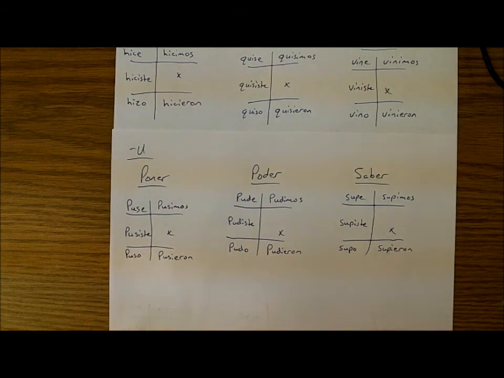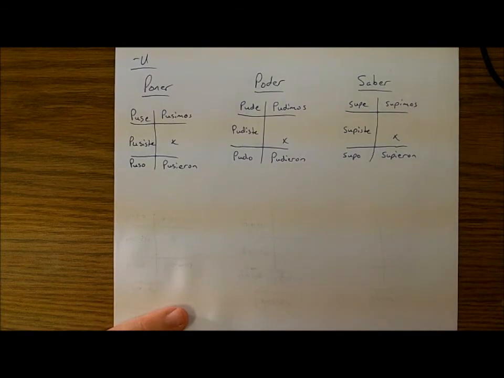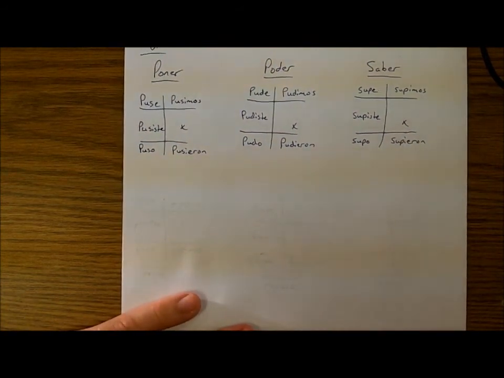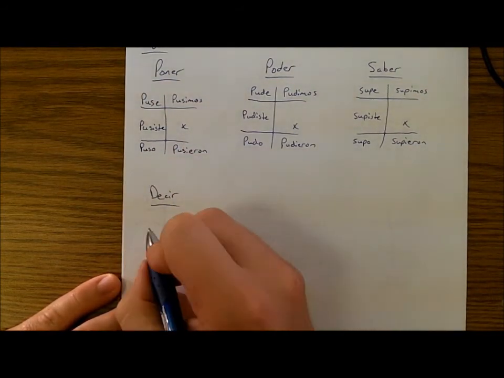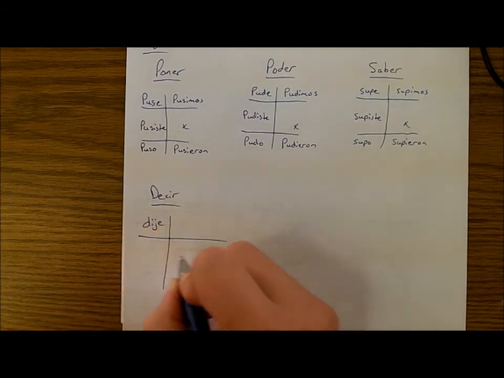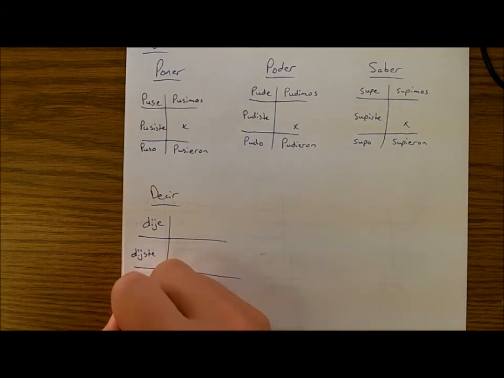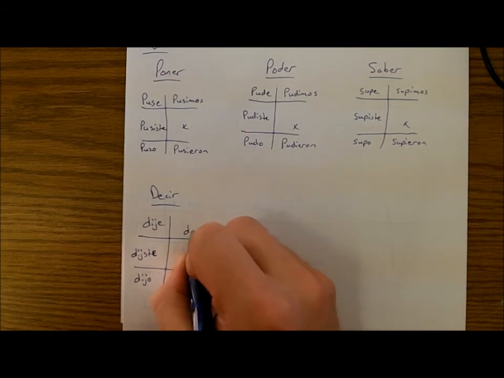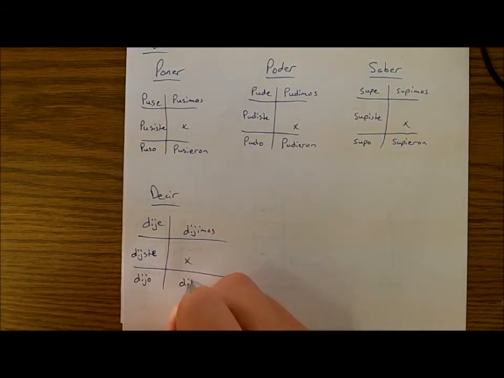Then the last category that we have are verbs that are just totally irregular in the preterite tense. And these verbs are the following. We have decir, which is dije, dijiste, dijo, dijimos, and dijeron.